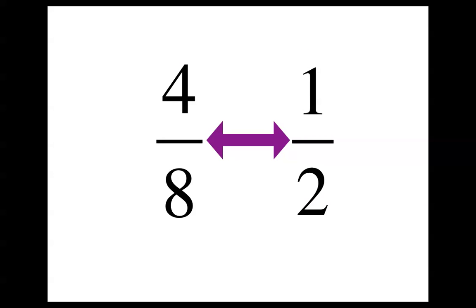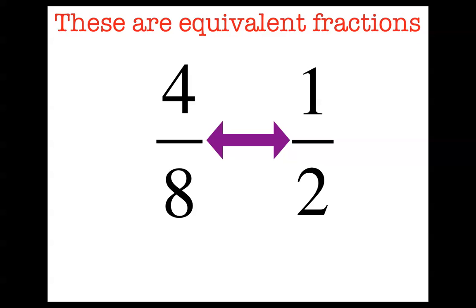You can tell mathematically that 4/8 and 1/2 are equivalent because if you take the top and divide it by 4 and then do the same thing to the bottom, 4 divided by 4 is 1 and 8 divided by 4 is 2. So you can see that 4/8 equals 1/2.